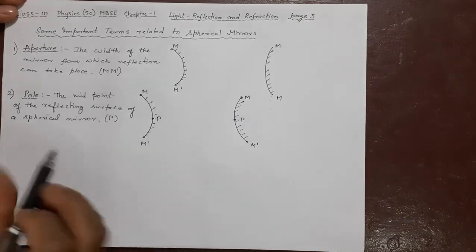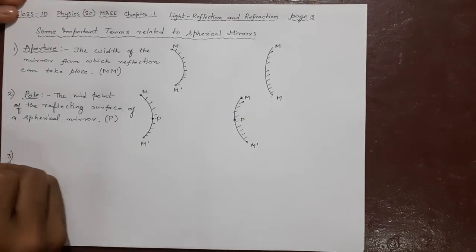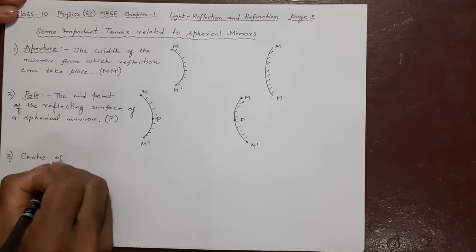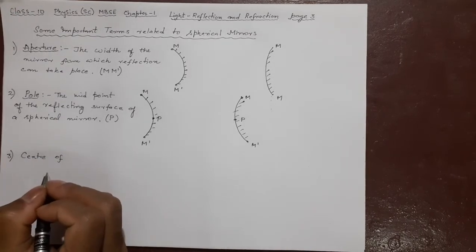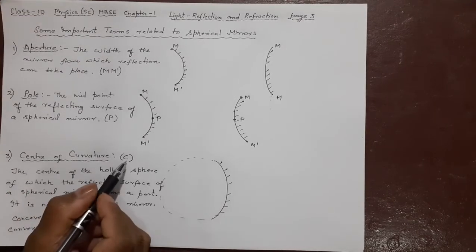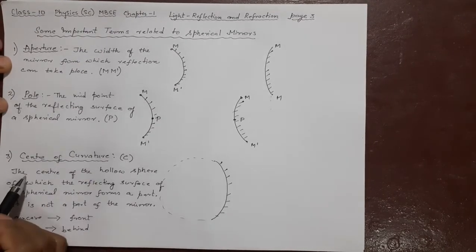Now there is the third one, which is the center of curvature. Let us see here again. Center of curvature is denoted by capital C. What is that?